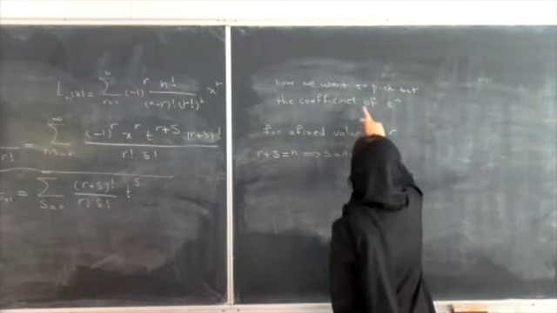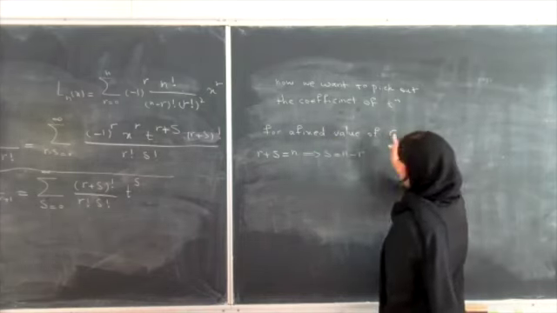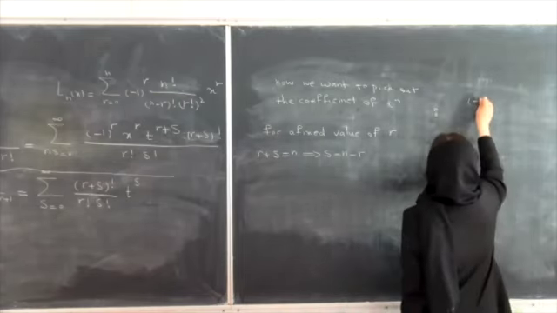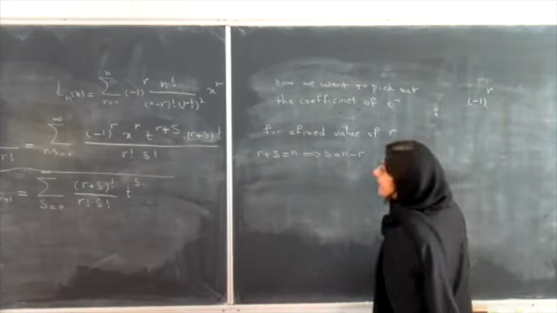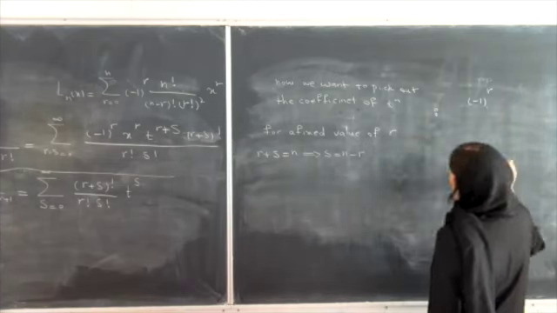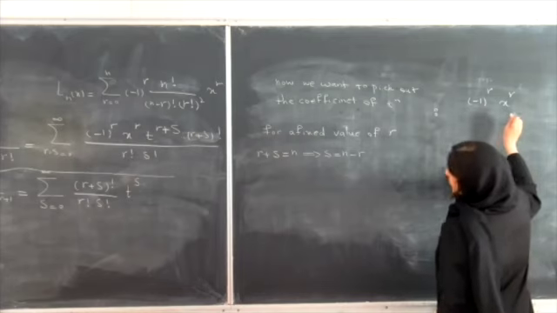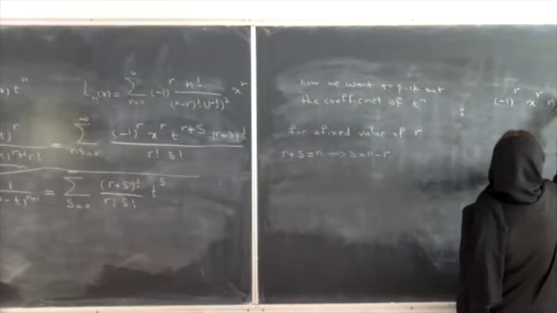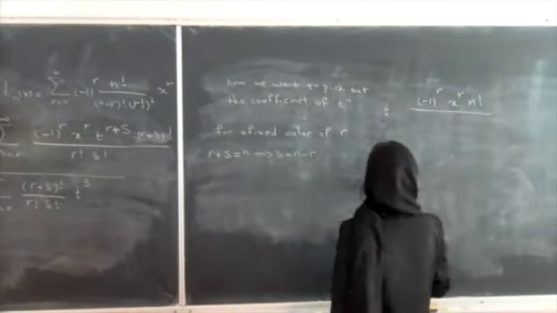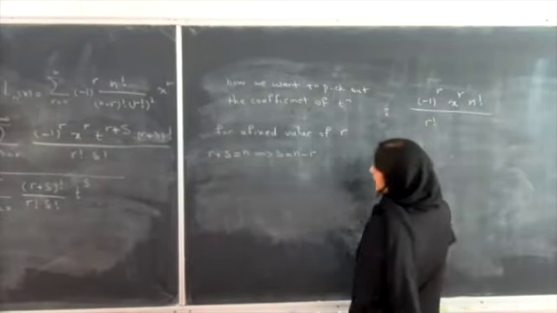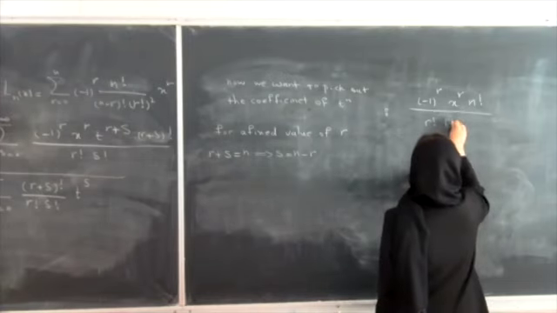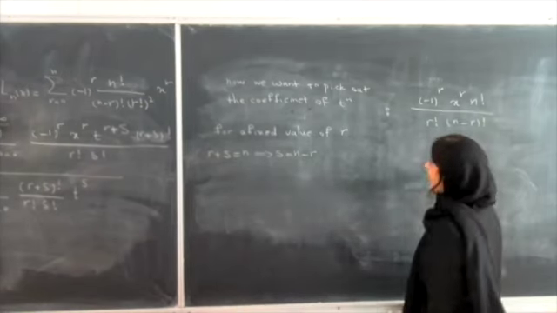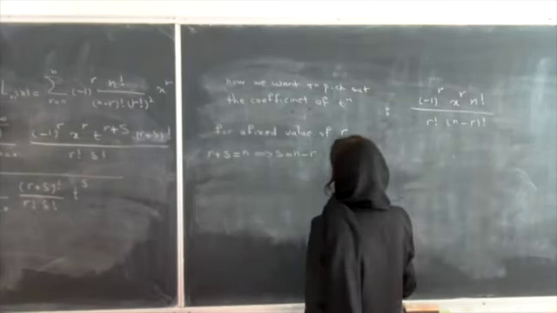So the coefficient of t^n for this fixed value of r is (-1)^r x^r times n factorial divided by r factorial and (n-r) factorial.